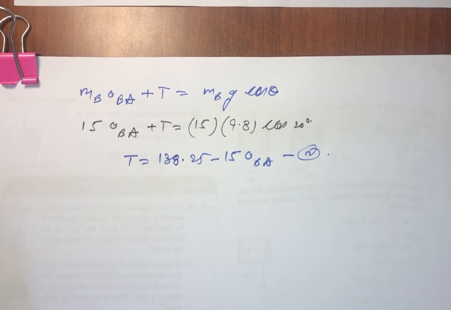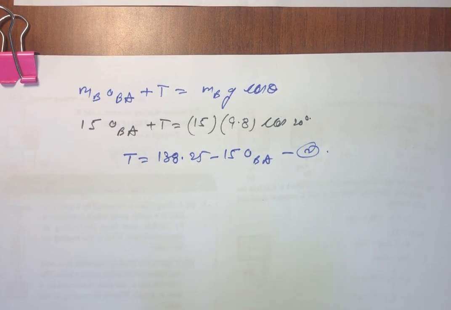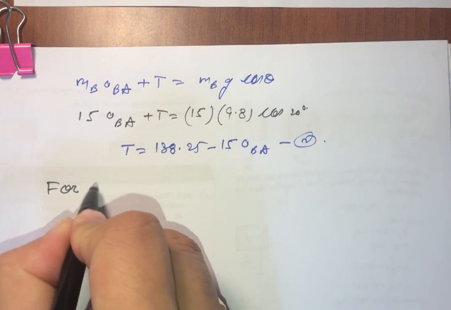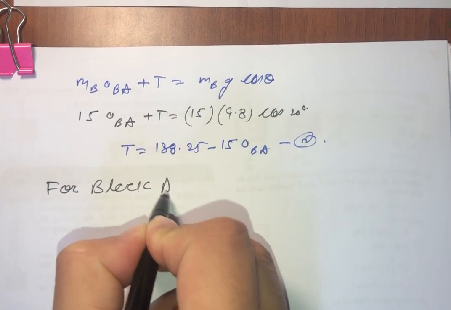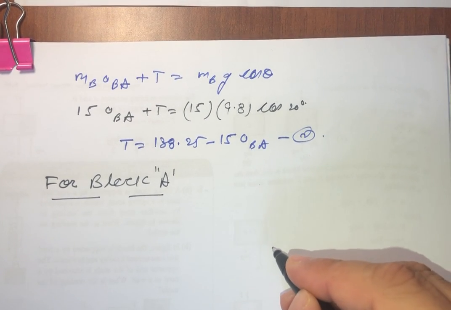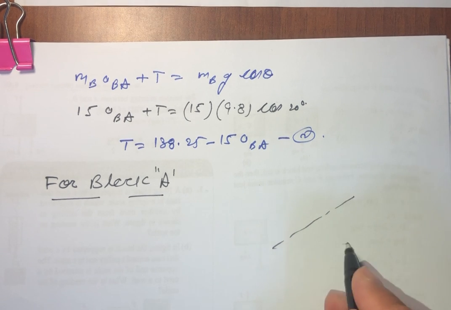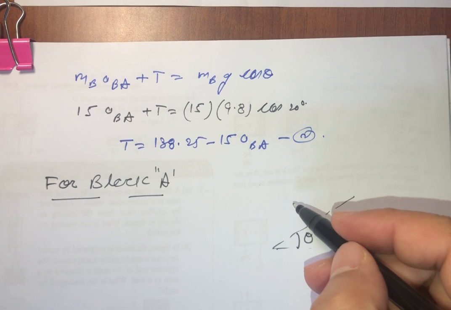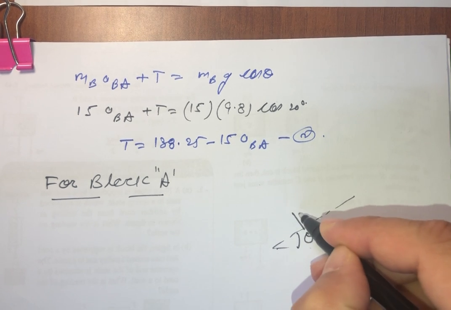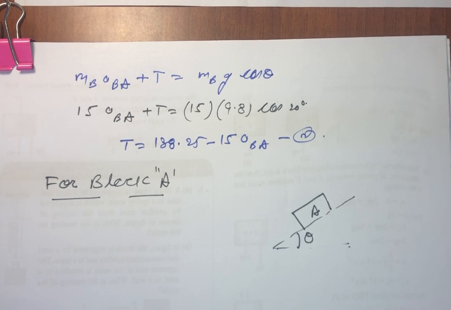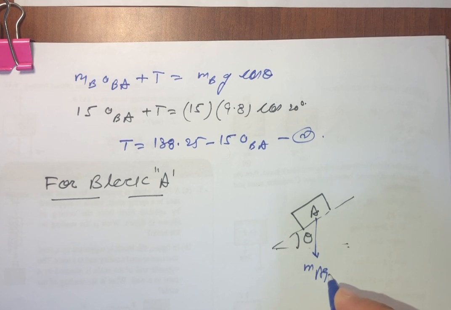Now let us draw for block A. For block A, in the downward direction we have mAg.